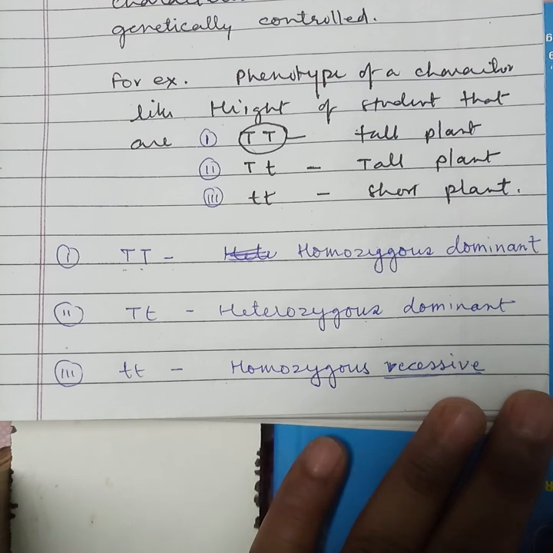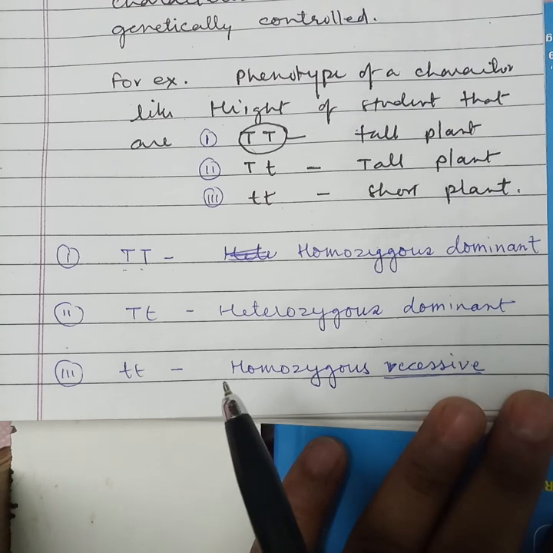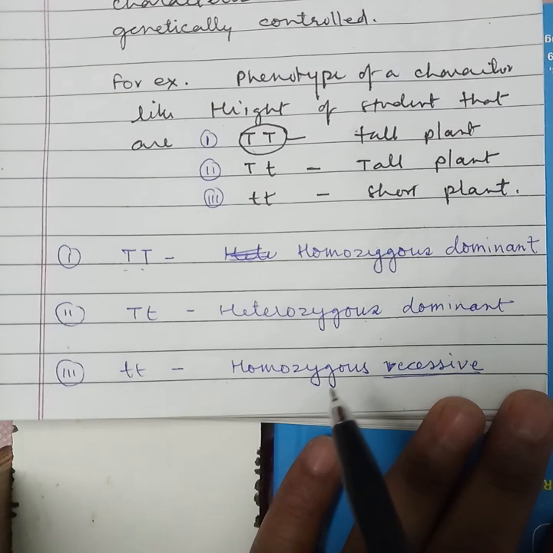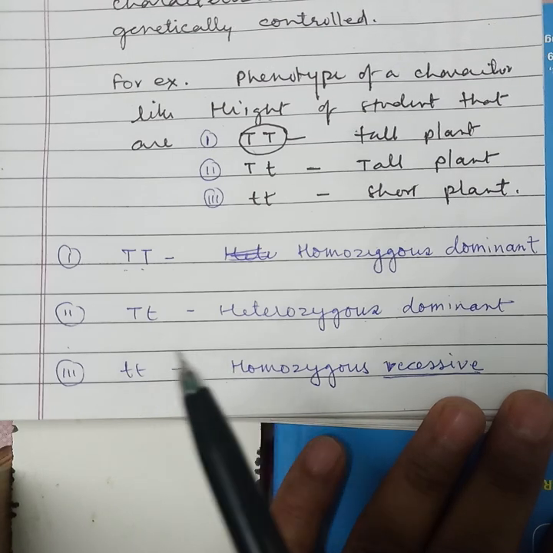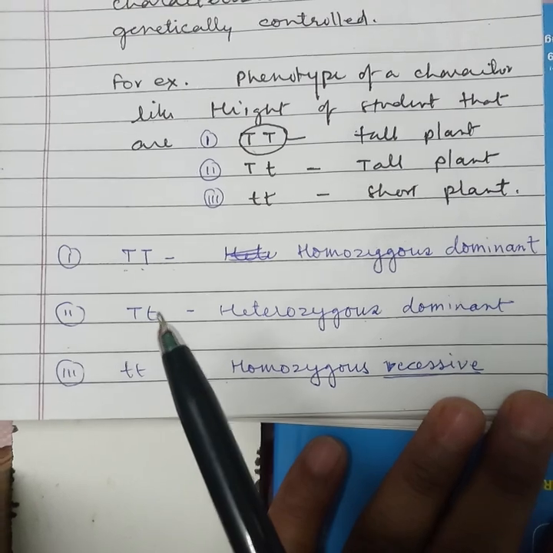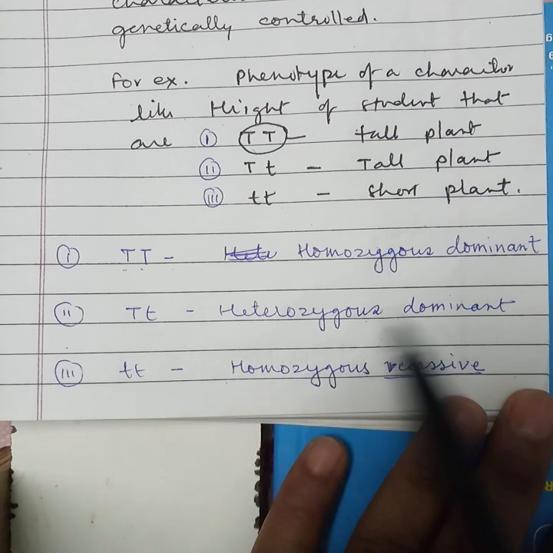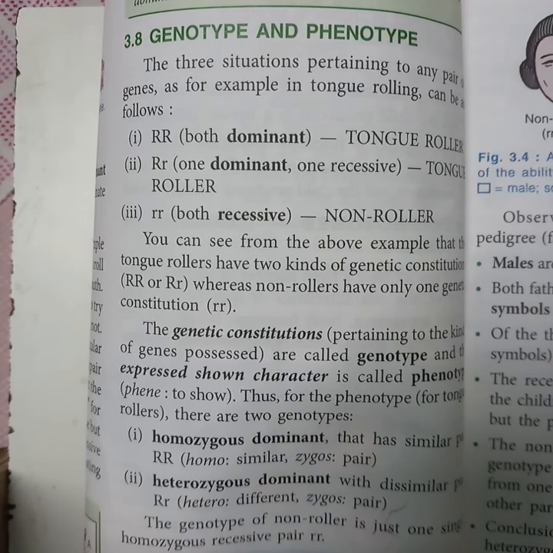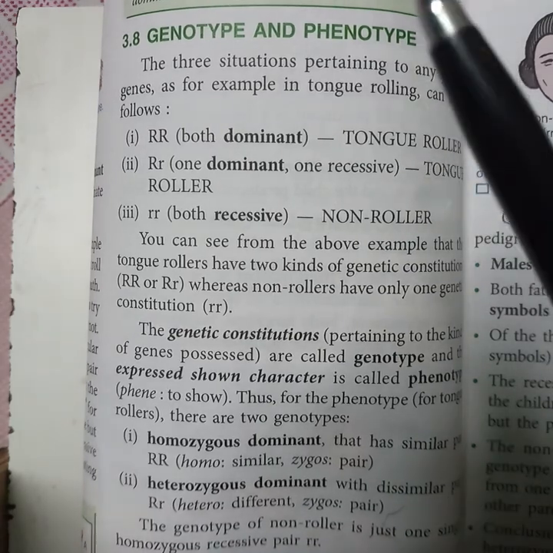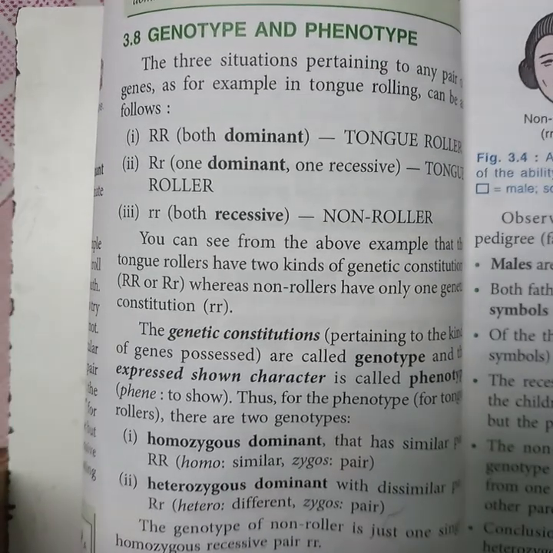So one point is concluded here: recessive genes only express when they are present in the homozygous condition. If they are not homozygous, they will not be able to express their effect. Understood, all of you? Now come to the book, genotype and phenotype.